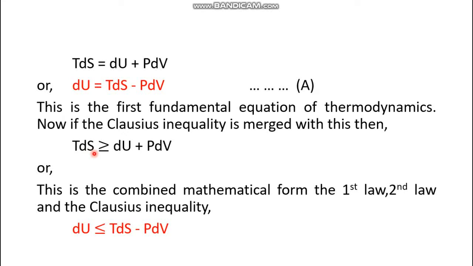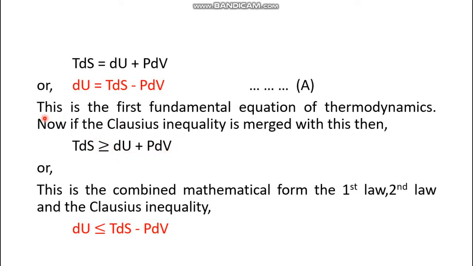And tds in that case must be greater than du plus pdv, because this would be applicable for irreversible process. But this equality sign is applicable if the process is reversible instead of irreversible. So both the possibilities are merged here. So for both reversible and irreversible changes we can write tds greater than or equal to du plus pdv.